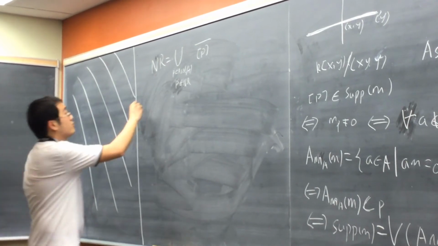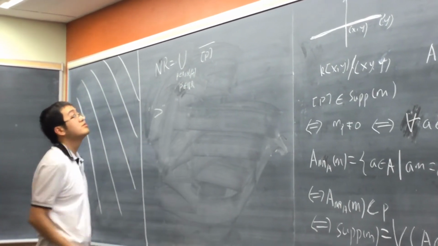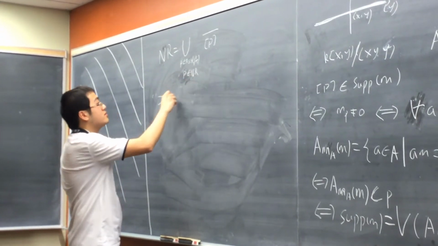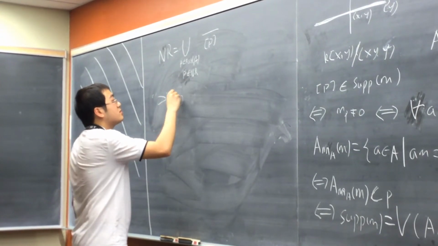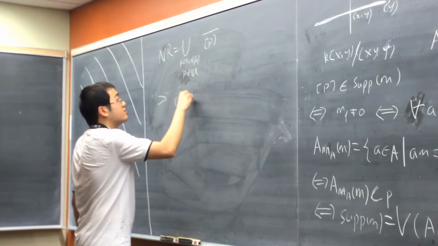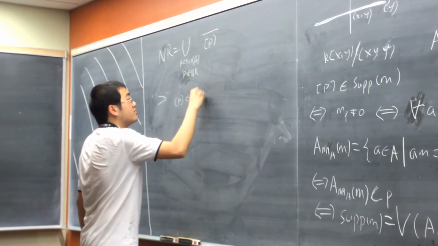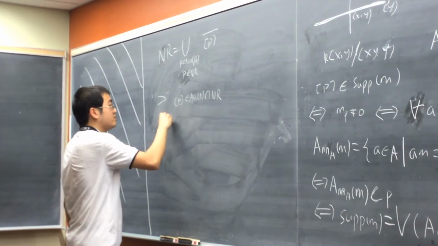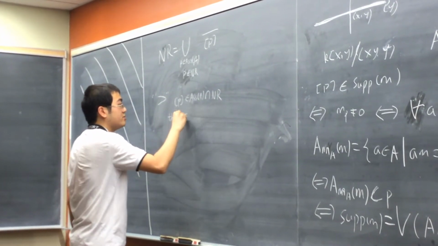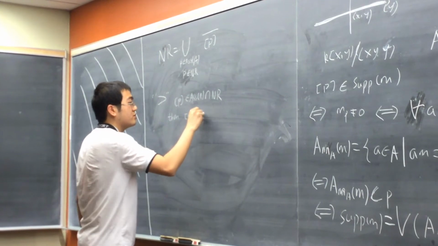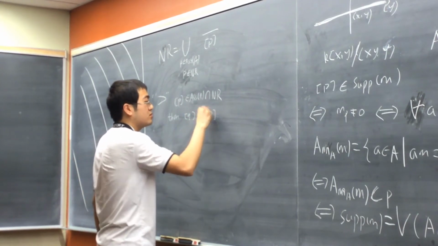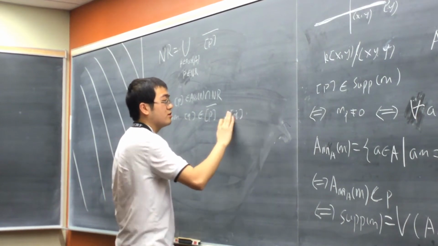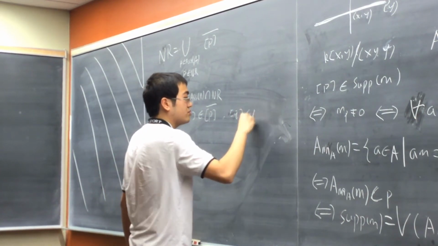First, for this side, we need to prove that if P is an associated point and non-reduced, then everything in this closure is also non-reduced.